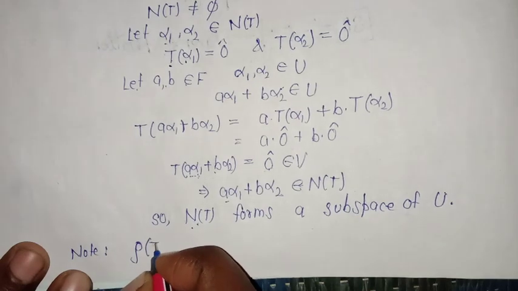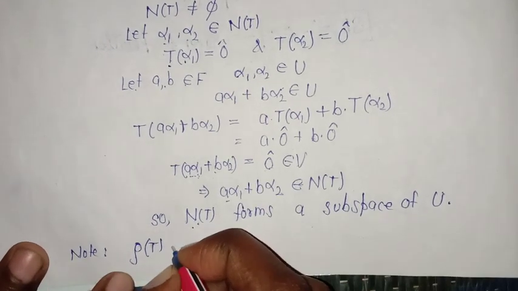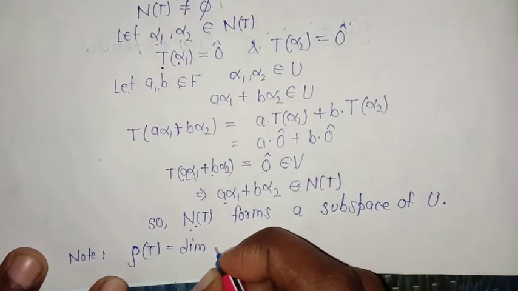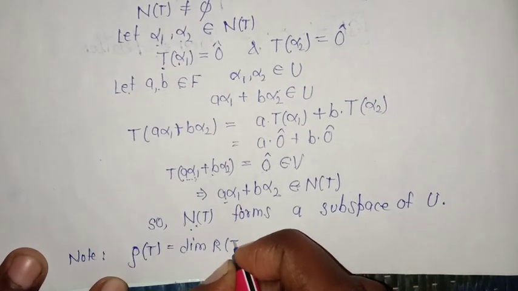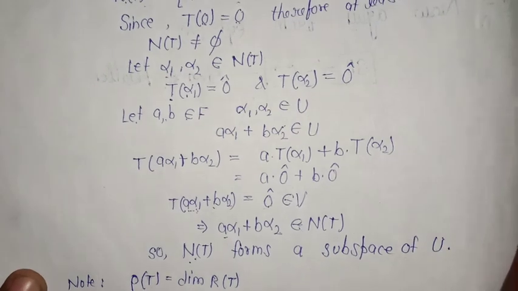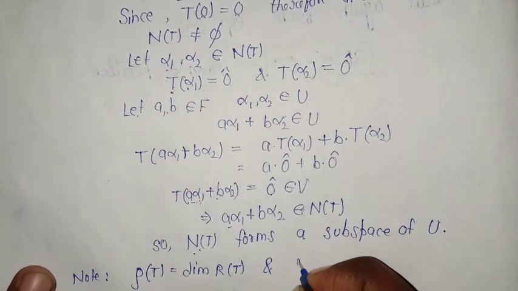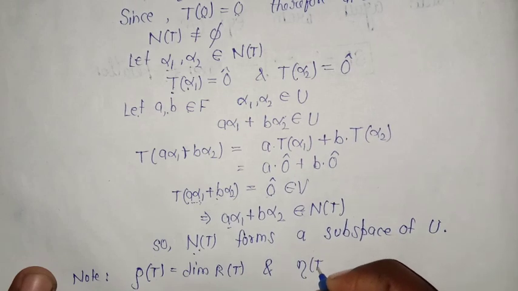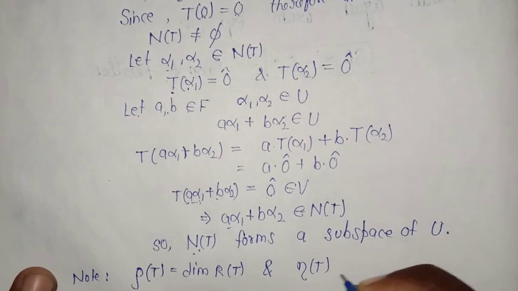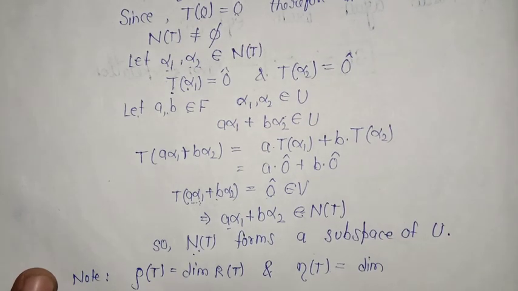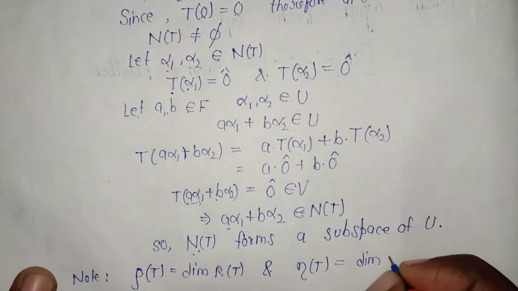So rho of T, that is the rank of T, is equal to the dimension of R of T, and the nullity of T, denoted by eta, is equal to the dimension of the null space of T.